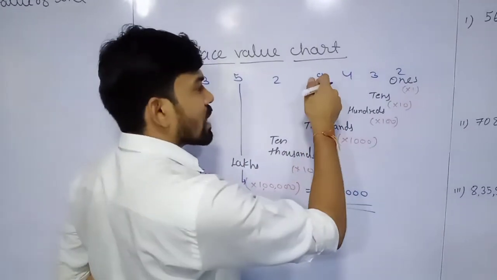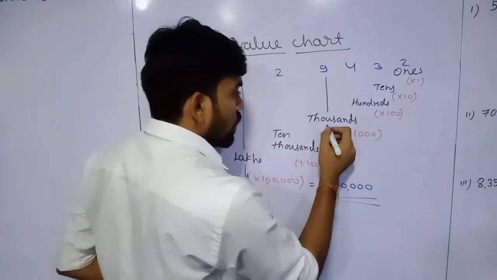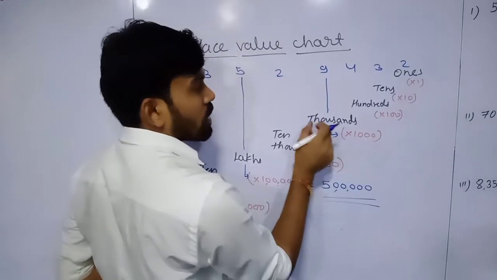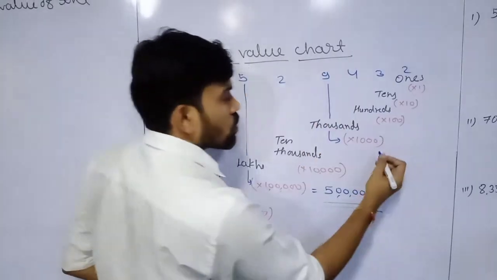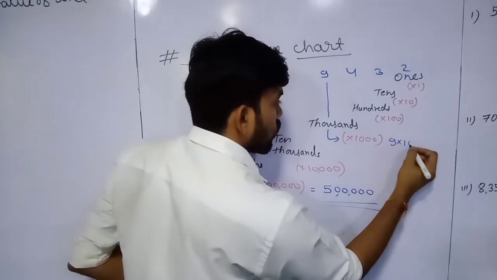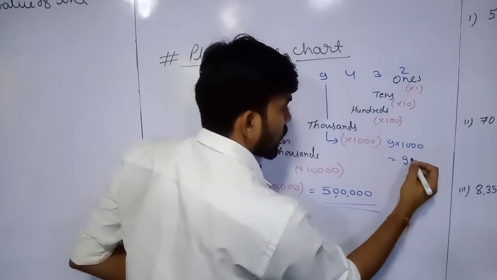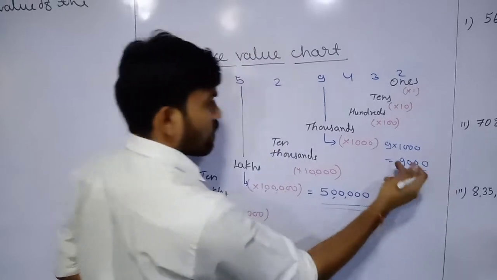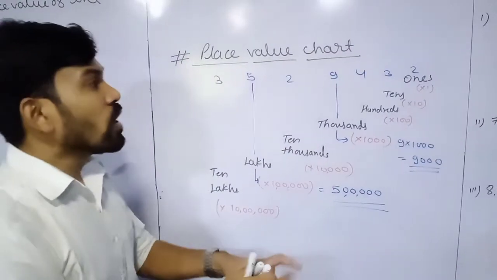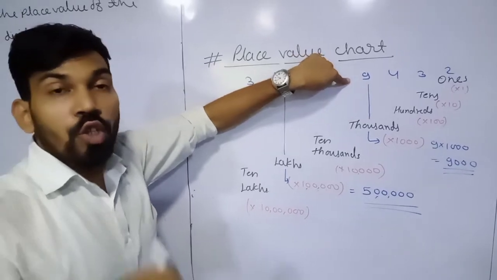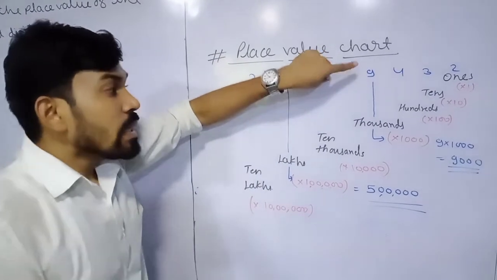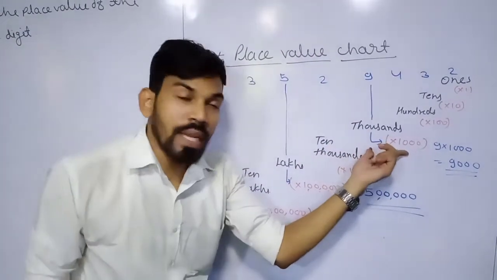If you are talking about this 9, multiply with 1000. 9 is at the thousands place. So 9 into 1000 is equal to 9,000. This way, whatever digits we have, we find the place value of that digit by multiplying with that place.